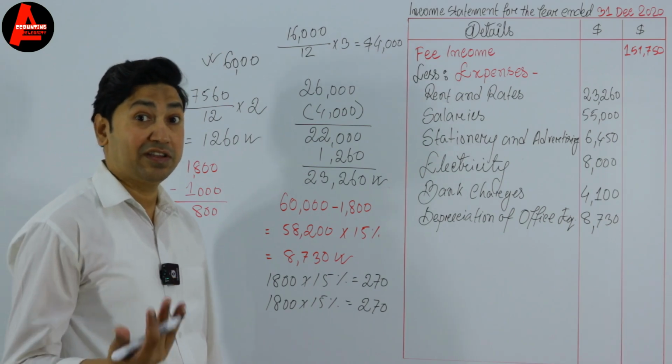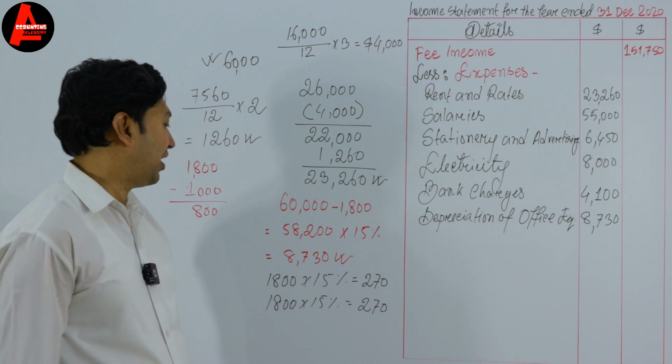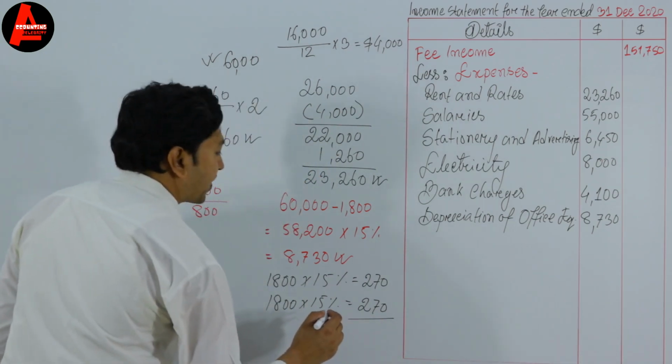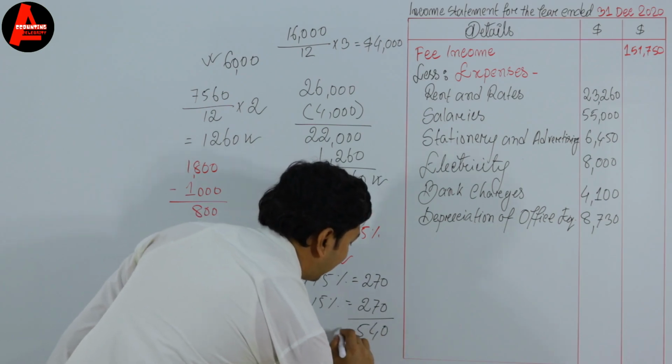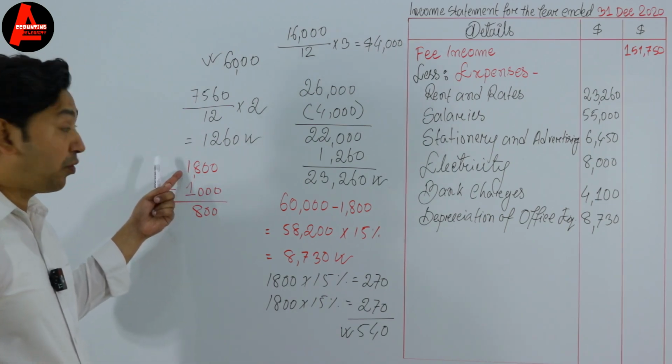Okay, in 2020 it is sold, so we don't have to calculate depreciation in this year. Now if we sum up this depreciation, how much do we get? We get $540. This is the depreciation of this disposed asset.